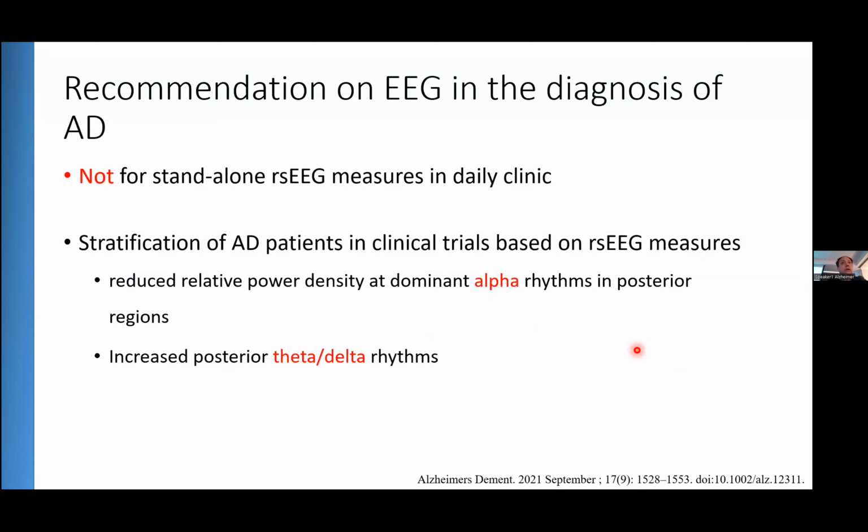However, it is proposed to be used as a stratification tool for AD patients in clinical trials, because the reduced relative power density at alpha rhythms in posterior regions, like the parietal region, and increased posterior theta and delta rhythms could be a good surrogate marker.